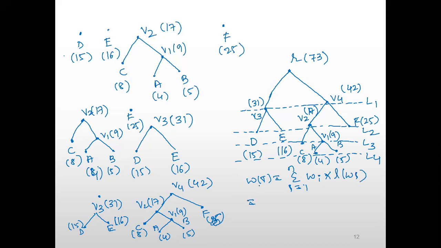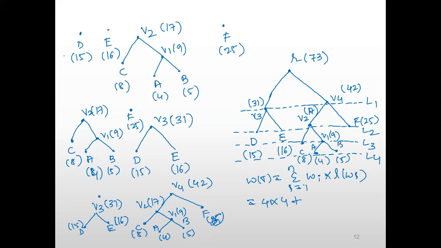So that is equal to, let me consider one by one, A, B, C, D, E, F likewise. So here we have A with the weight 4 because A is the leaf node, and it is at the level 4 only. Hence we are going to multiply weight into level, that is 4 into 4.